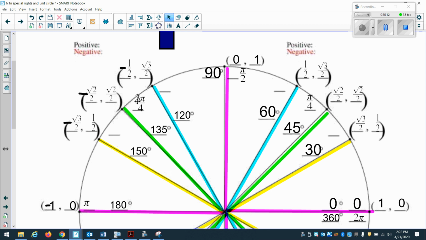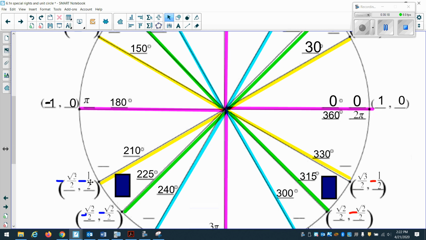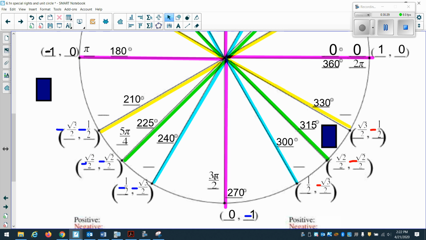Add another 1/4, I have 4 pi over 4, which is just pi. If I add another 1/4, I have 5 pi over 4. If I add another 1/4, I have 6 pi over 4, which reduces to 3 pi over 2. If I add another 1/4, I have 7 pi over 4. If I add another 1/4, it's 8 pi over 4, which reduces to 2 pi.